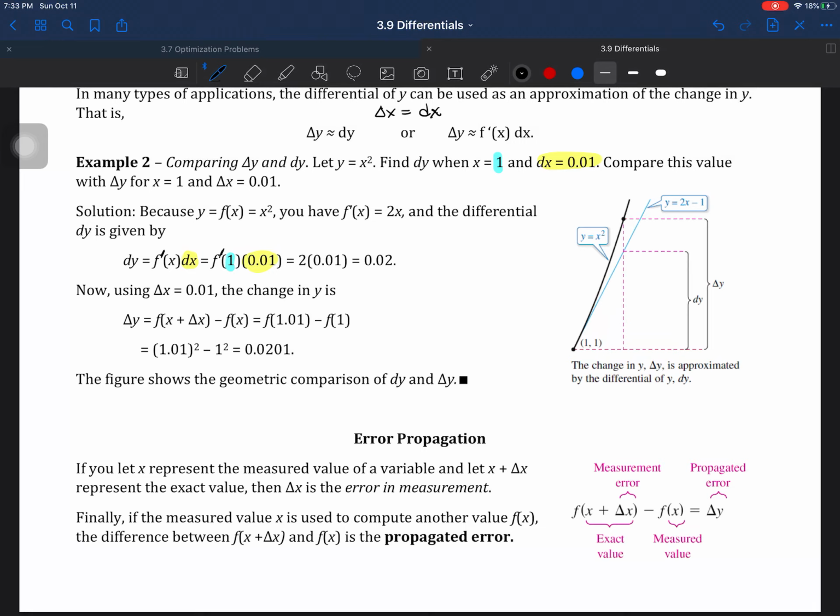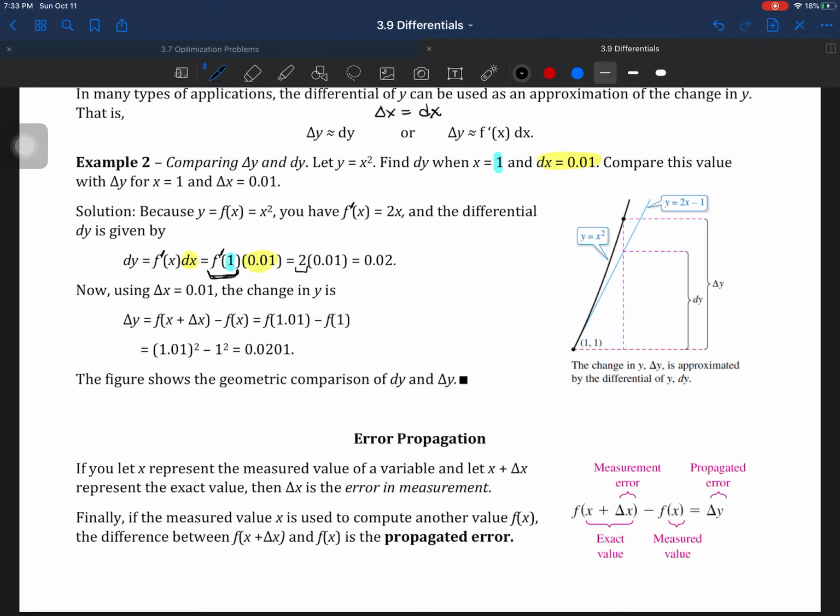So what do we have? Well, the derivative of f is 2x. So it's 2 times x, which in this case is just 1.